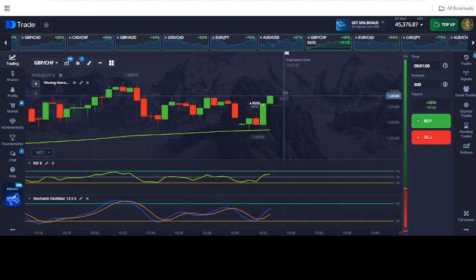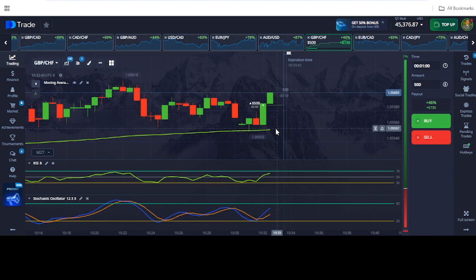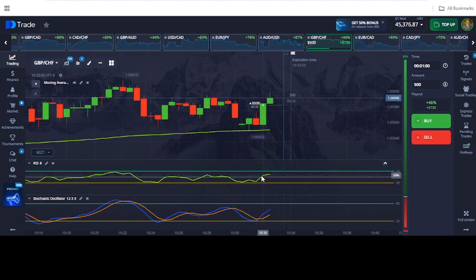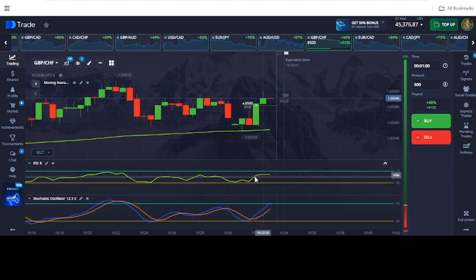Okay, so I'm on the Great British Pound Swiss franc currency pair, and I just took a buy trade here. The reason why I took the buy trade, I have my candles printing above the 150 EMA line here, so this suggests a continued bullish trend in the price action of the currency pair. Secondly, the RSI line crossed above the 50 line here in an upward direction.